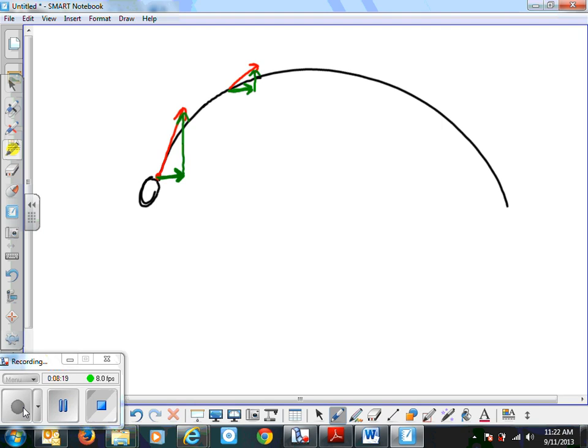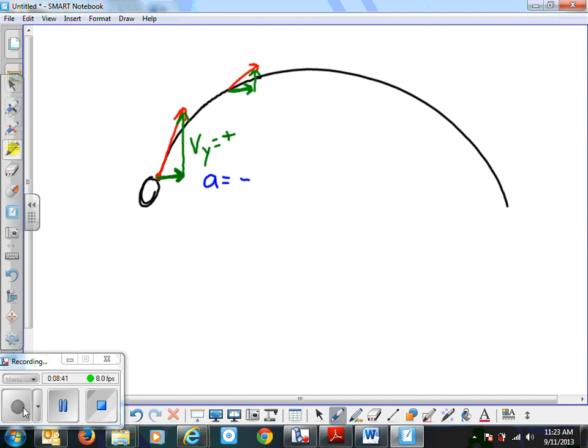Why has that changed? Well, the velocity in the y direction, we could say was positive here, right? Because by convention we say up is positive. Which direction is, in this case, acceleration?